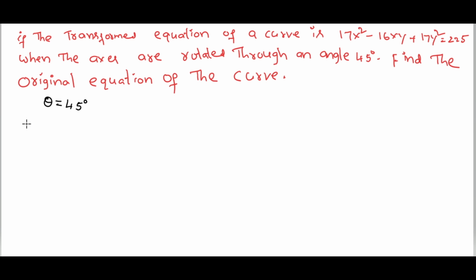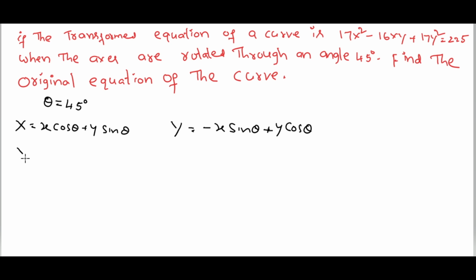Write down the formulas, that is capital X is equal to small x cos theta plus y sin theta, and capital Y is equal to minus x sin theta plus y cos theta.